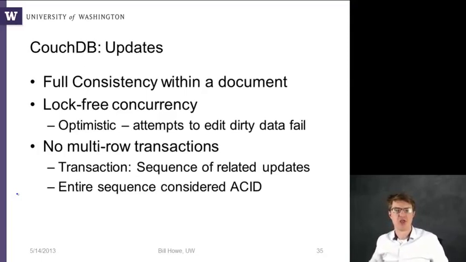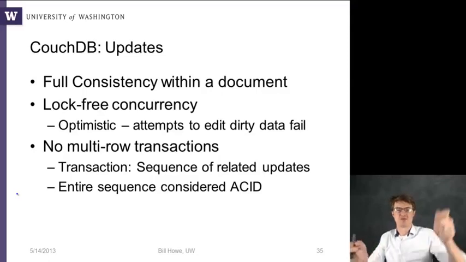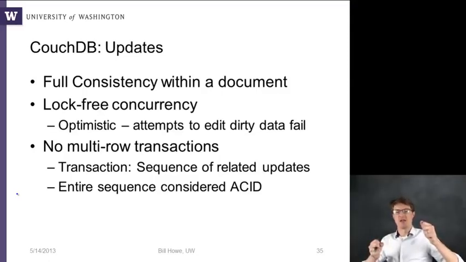Well, as we mentioned, it is fully transactional within a single document. So full consistency within a document, meaning that I can grab hold of the document and logically lock it and make whatever updates I want. Now, it doesn't actually take a lock, because it uses what's called optimistic concurrency control, meaning that it assumes that conflicts aren't going to happen.